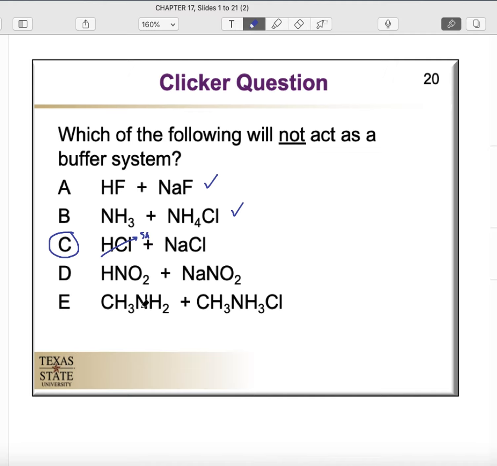Anyways, if this is our weak base, the conjugate would be CH3NH3 with a positive charge. And of course, this would need to be found in the form of a salt with a counterion, which in this case was the chloride ion. So definitely these two would have also worked as buffers. So that's that.